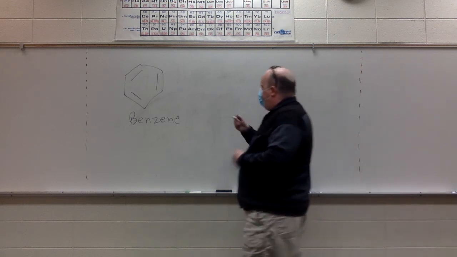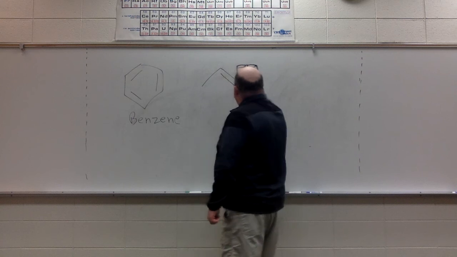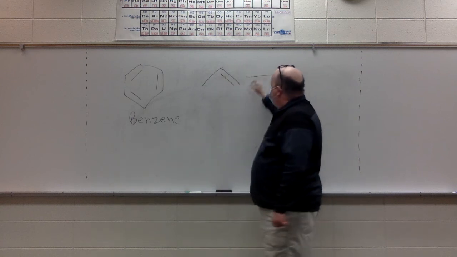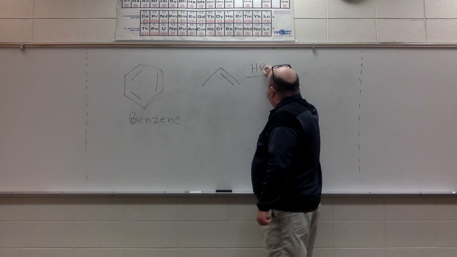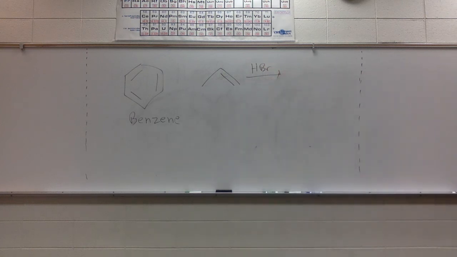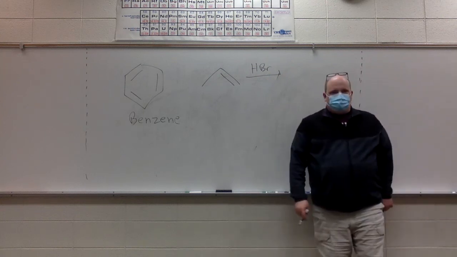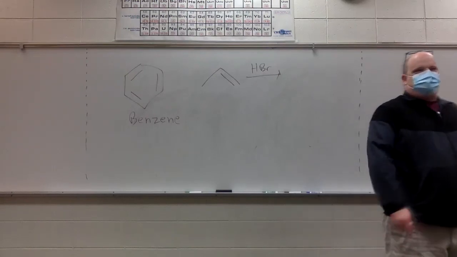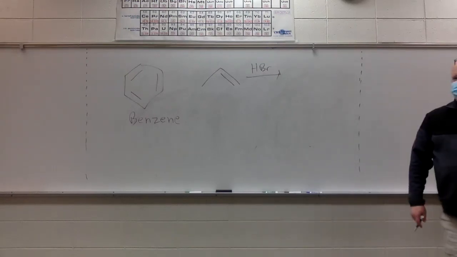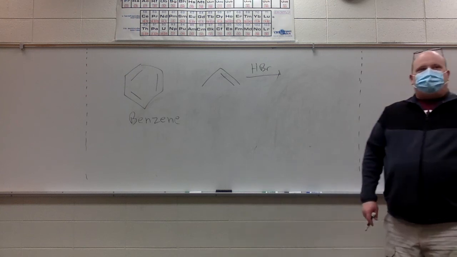For example, if we did this, right? This is from the alkenes chapter. See how much you remember. If we added an alkene to HBr, what would happen? What type of reaction would you get? Addition, substitution, elimination?